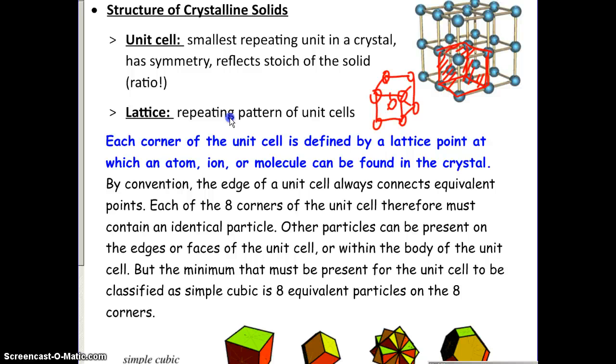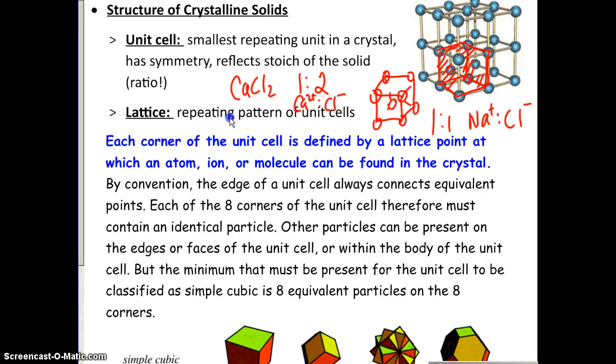So it's going to reflect the stoichiometry of the solid. So this very well could contain a 1-to-1 ratio of Na+ and Cl−, whereas something like calcium chloride is going to contain 1 calcium for every 2 chlorine ions. So it depends on which structure we're talking about as to what the unit cell looks like.